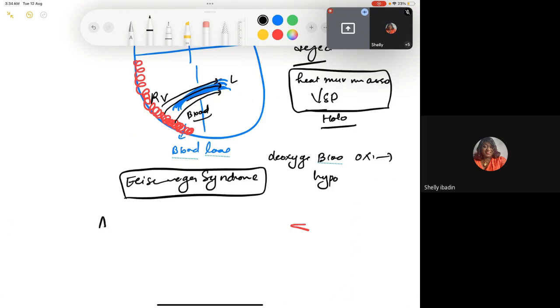Perfect. Then we have atrial septal defect, and we discussed atrial septal defect in big detail, right?